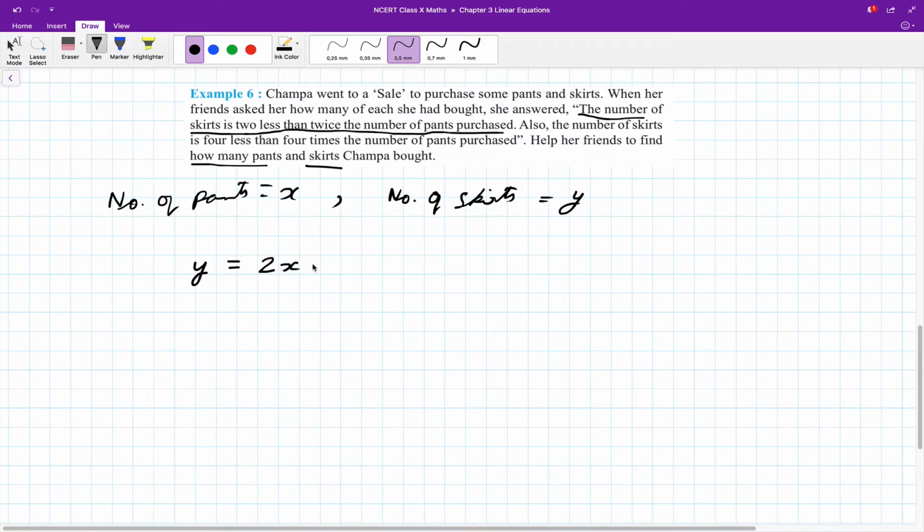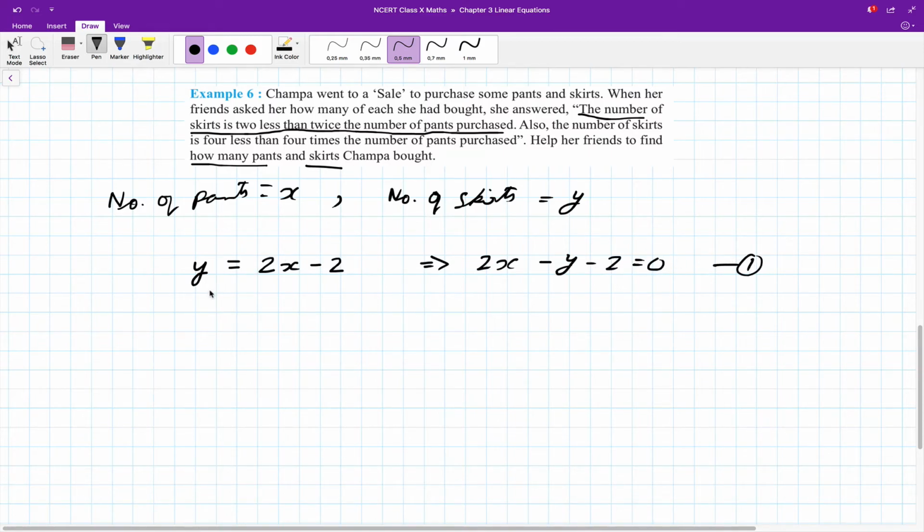And the number of skirts is 2 less than twice the number of pants. So 2x is twice the number of pants, and 2 less than that. So this is the first equation we have. Write it in standard form: 2x minus y minus 2 is equal to 0.